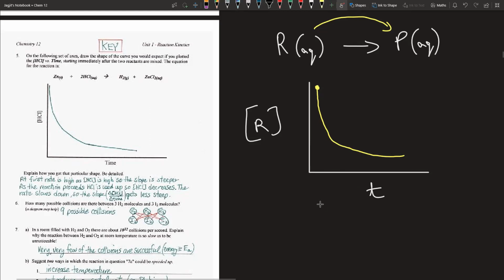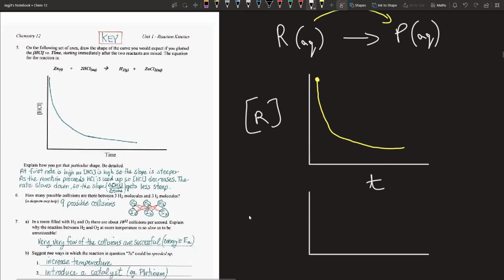Okay, now what's going to happen with the product? Let me give you the graph with the product now. How will your concentration of product look like with respect to time? In the beginning, you have no products, right? So your products are 0. Your reactants turn quickly into products, means your products rise up quickly.